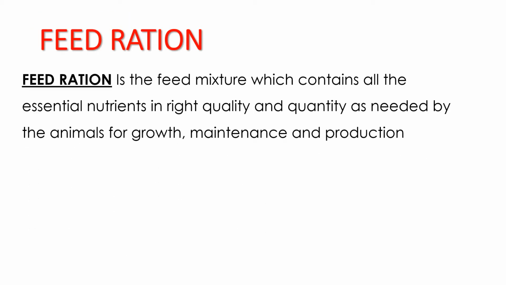If we say feed ration, this is the feed mixture which contains all the essential nutrients in the right quantity and quality as needed by the animals for growth, maintenance, and production.